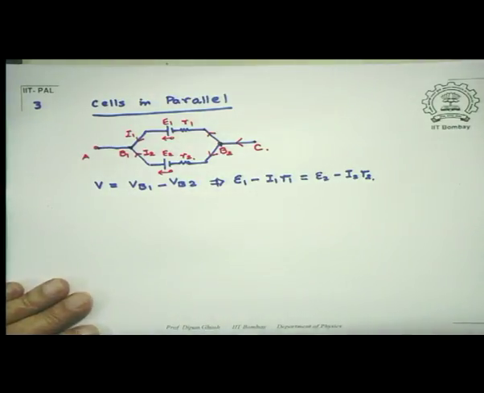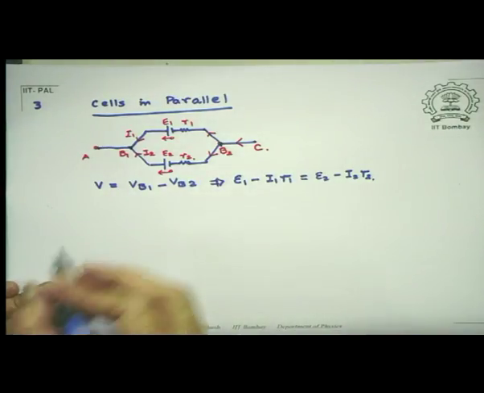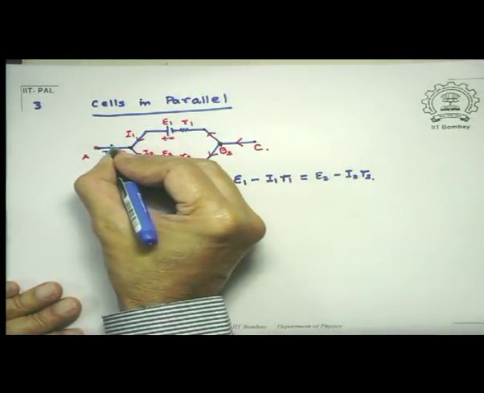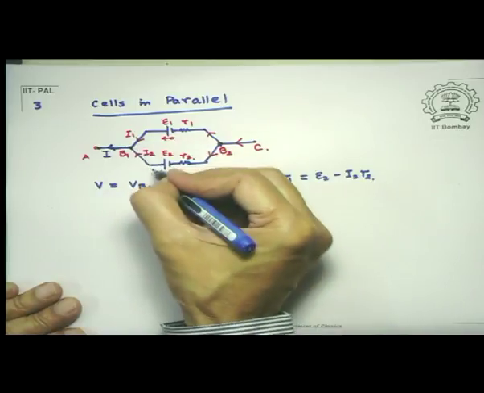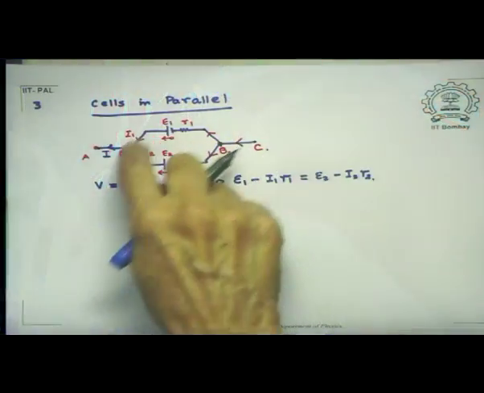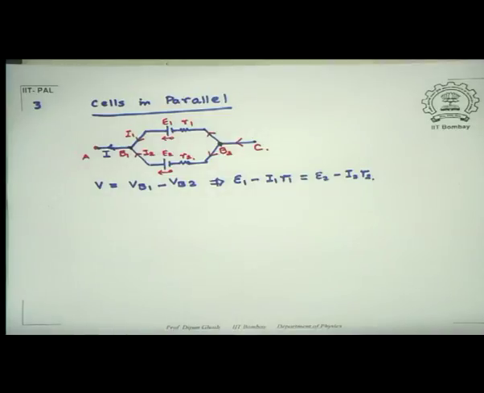Now notice that the net current that I have got is this I here. Now this is clearly I1 plus I2. Now I will be talking more about this junction, what happens in a junction later today, but look at this, that I1 coming in here, I2 coming in there.